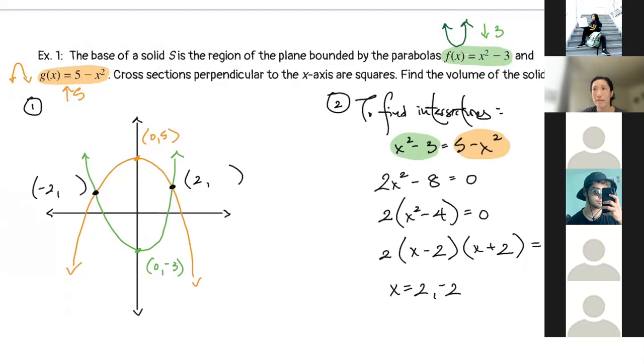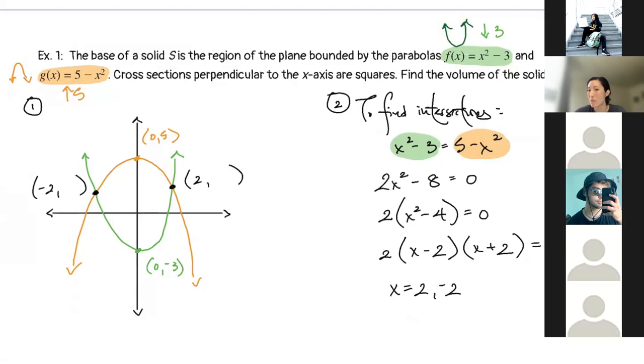Now, how do we find the y values that go with them? Plug it into F and G. It doesn't matter which one though. It should give you the same answer either way.